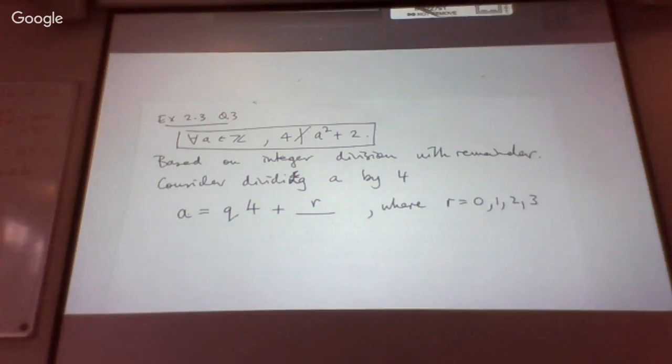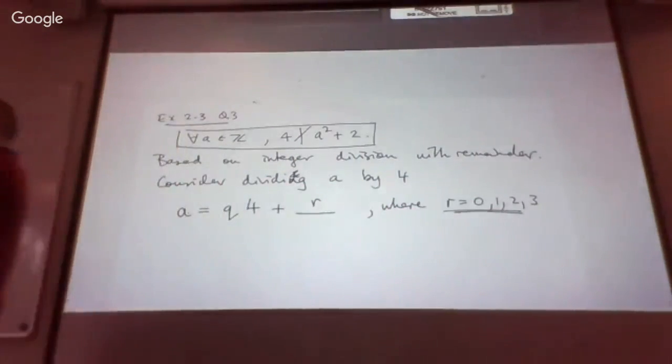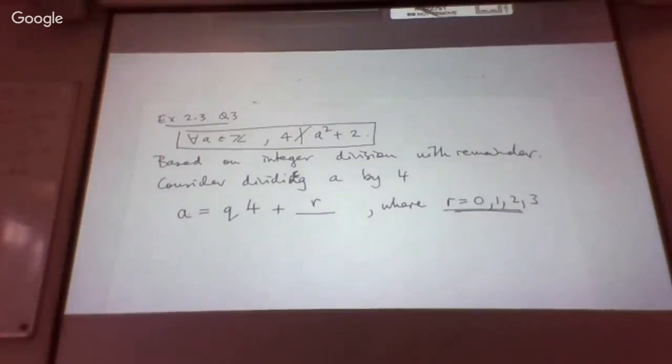So we can look at the 4 different cases, because this gives me a finite number of cases. Every integer a fits into one of these 4 cases. So now it's a lot easier to check 4 things than it is to check an infinite number of things.